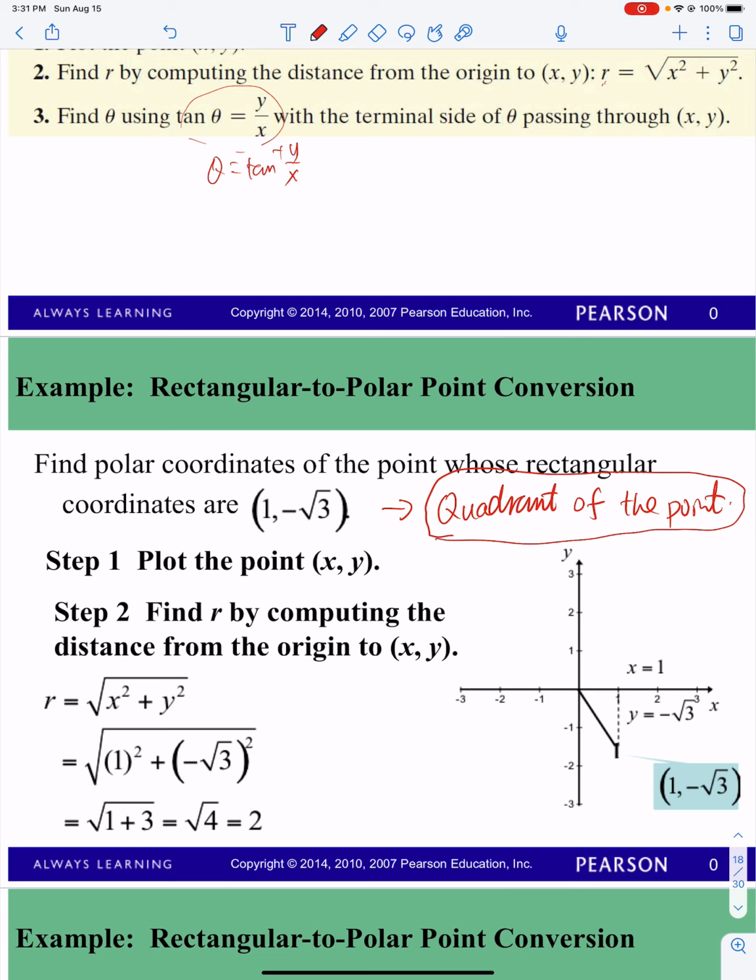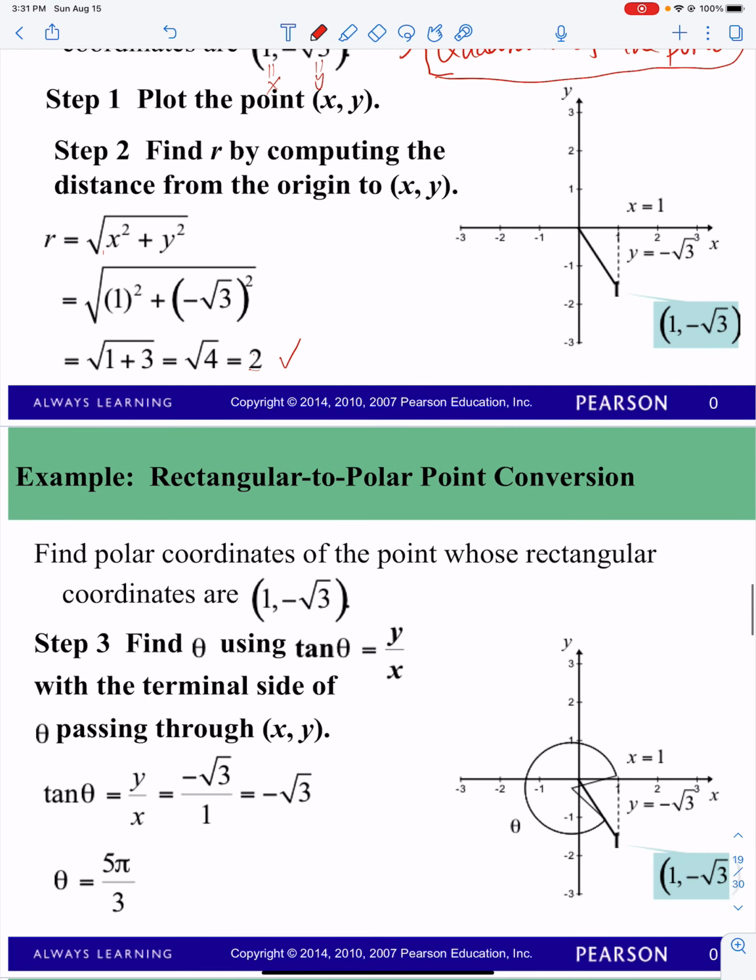When you do r, what do you have? Square root of x squared plus y squared. This is your x, this is your y. You always keep r equal to 2, because you only keep r positive here. So the quadrant of the point will be super important.